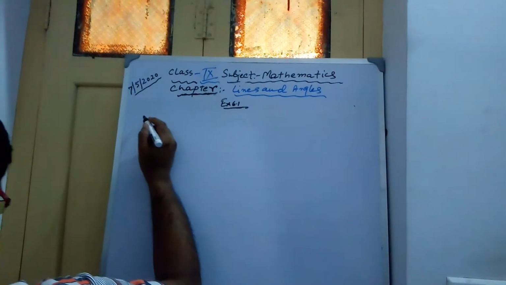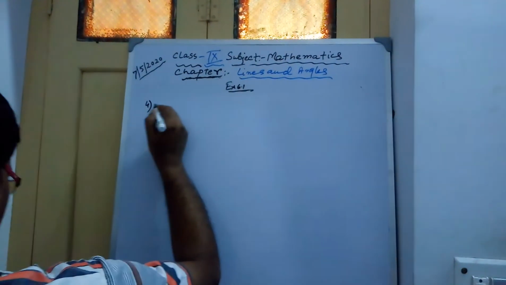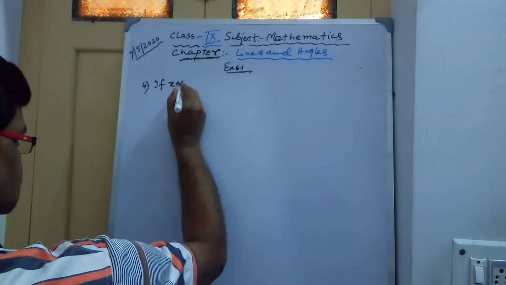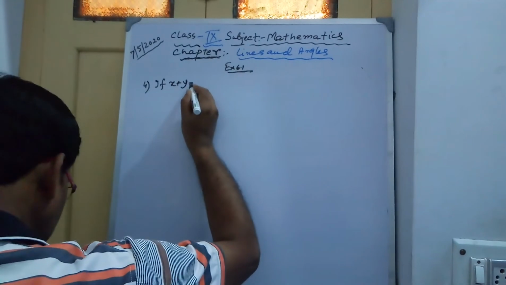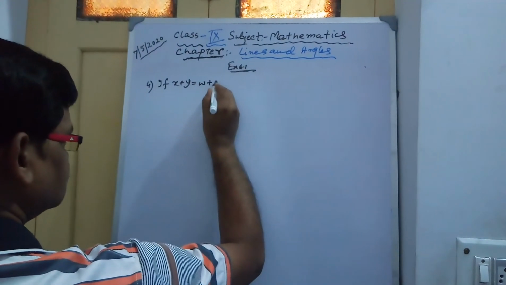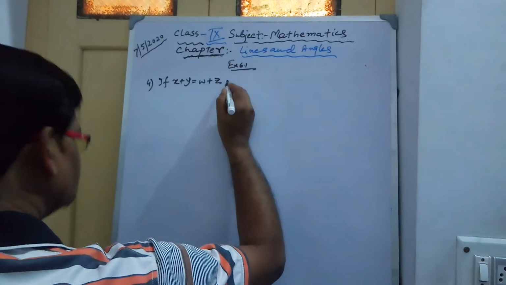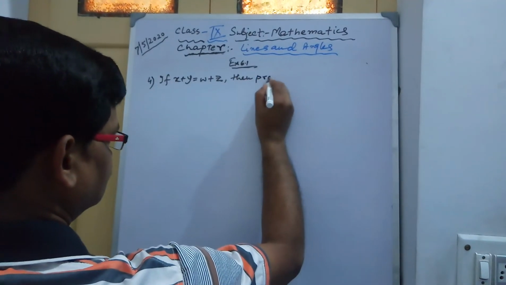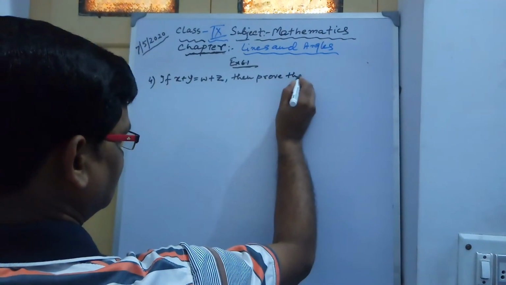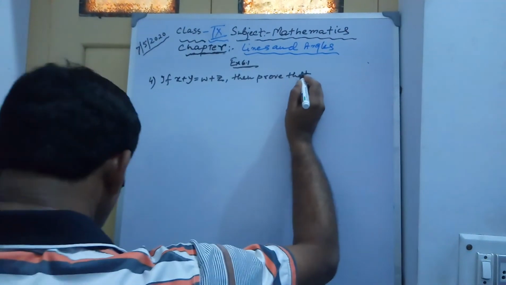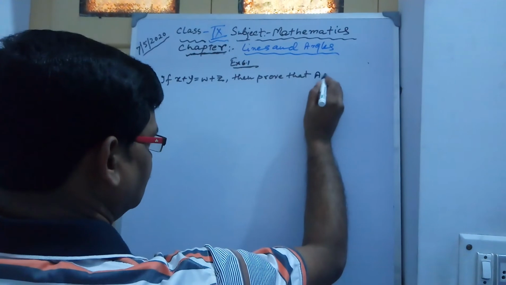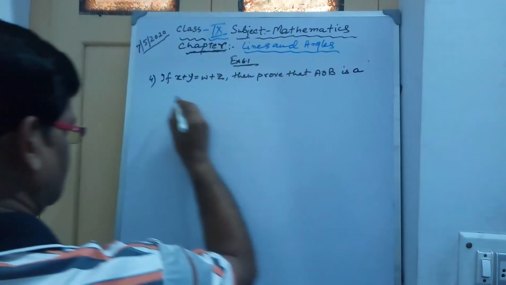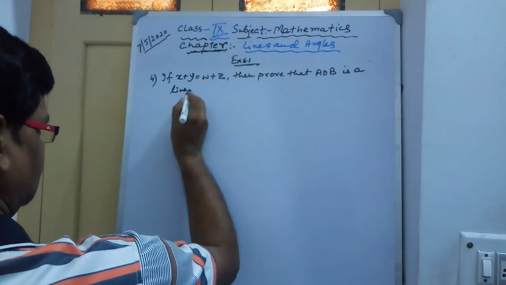Now next question. If x plus y equal to w plus z, then prove that AOB is a line.